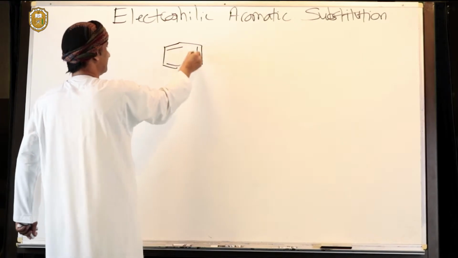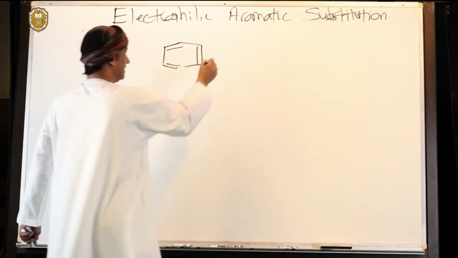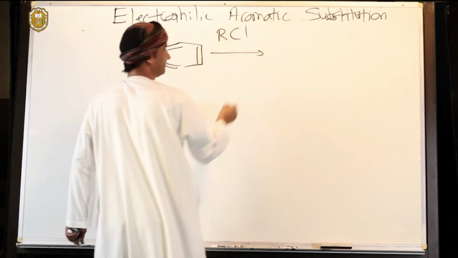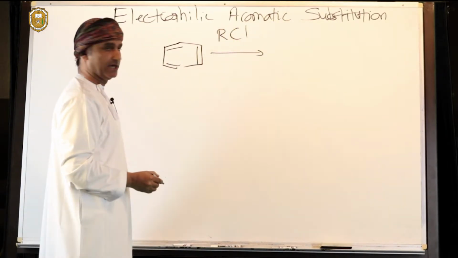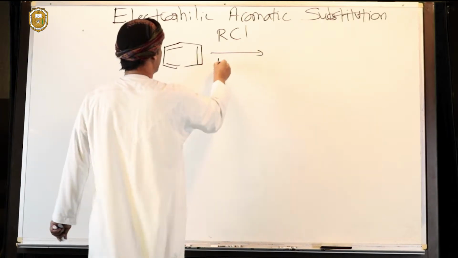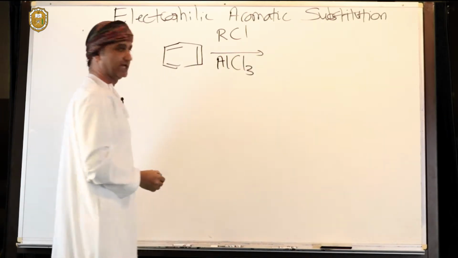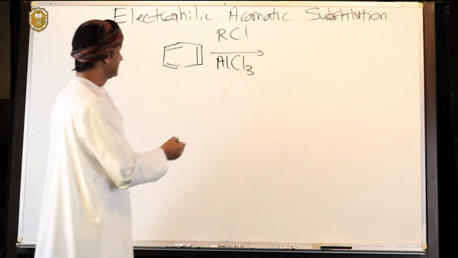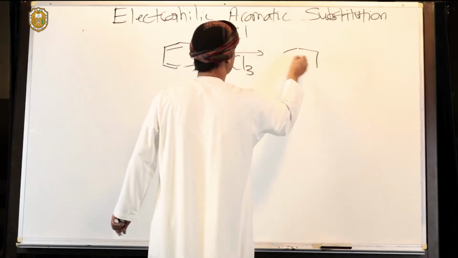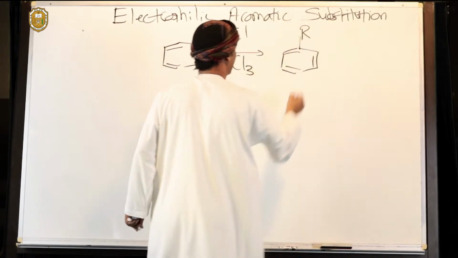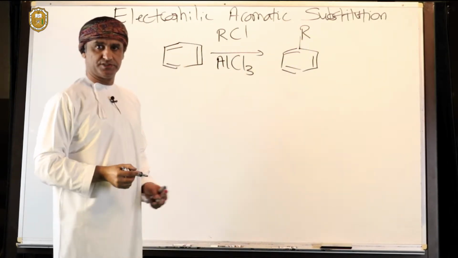So this is benzene, and then RCl in general as an alkyl chloride in the presence of AlCl3 as a Lewis acid catalyst, and alkyl benzene is actually formed. That's when it's bonded to an alkyl group.